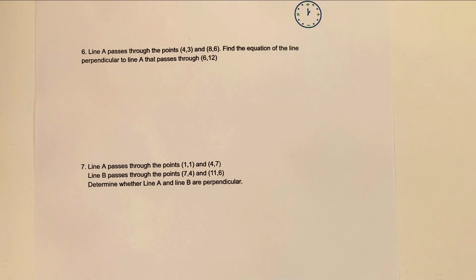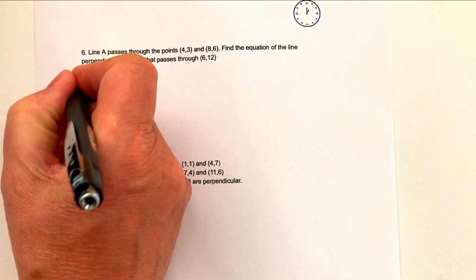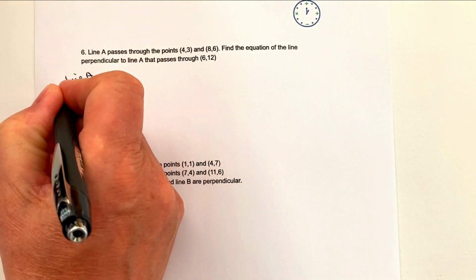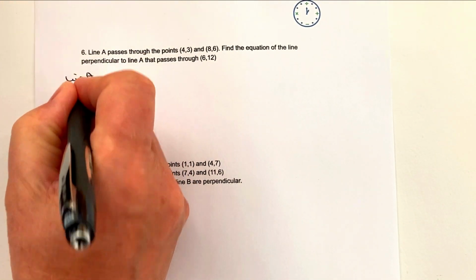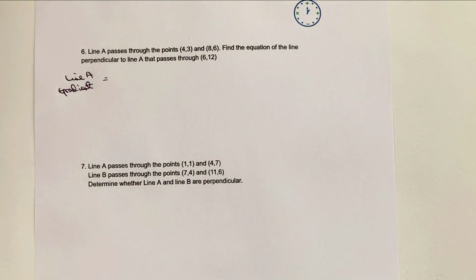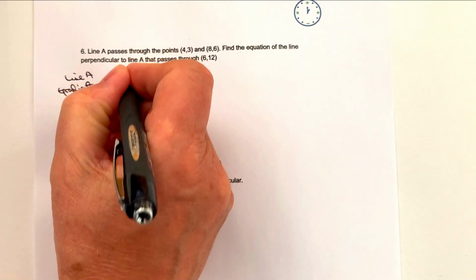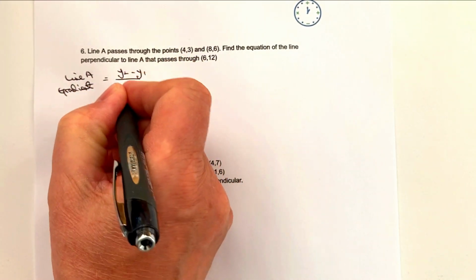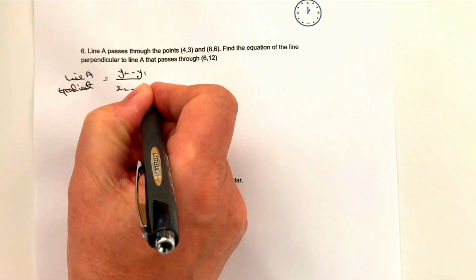The first thing we need to do is find the gradient of line A. The reason we need to find that is because if we want the perpendicular, it's the negative reciprocal. So I'm going to work first on the gradient. The gradient is the difference in y divided by the difference in x, which is much easier to write as y2 minus y1 divided by x2 minus x1.